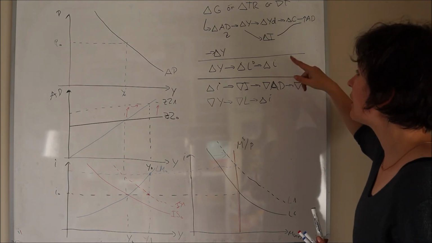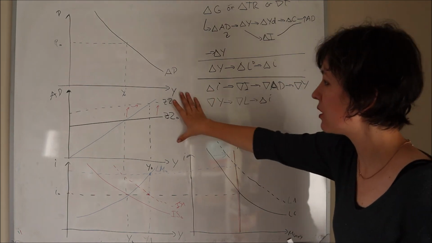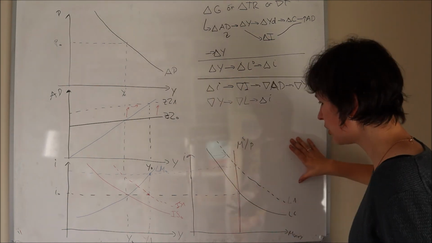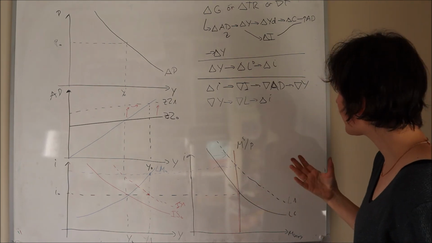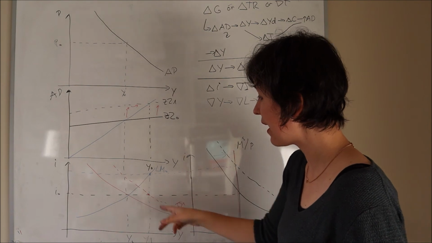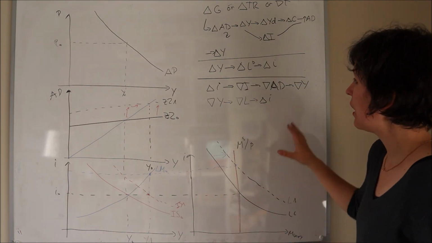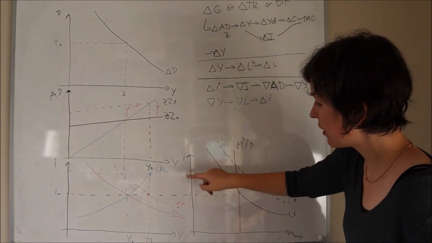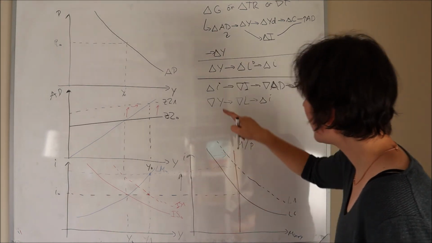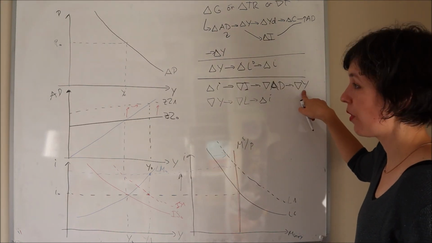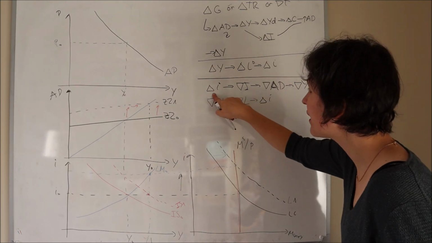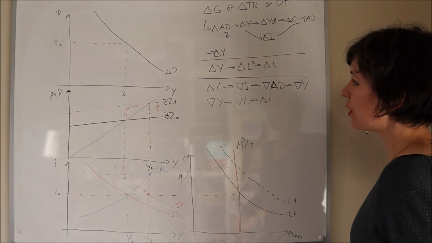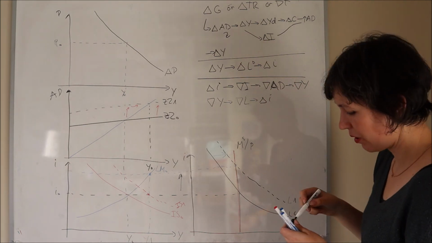We need to go back to the goods market, which is here, but also now at the same time, we are going to go to this market and also this market for the final step. In both cases, we are going to move along the IS curve and the LM curve. In the case of the goods market, the increase of the interest rate, coming from here to here, is going to mean lower production, a lower aggregate demand, because higher interest rate means lower investment, so lower aggregate demand, lower production, and so on, because here is the multiplier effect again, right?